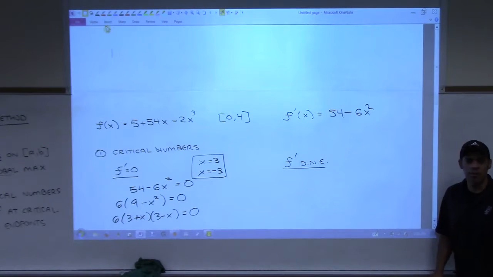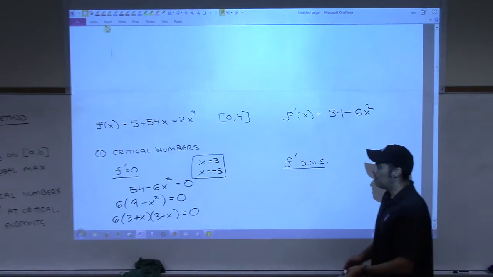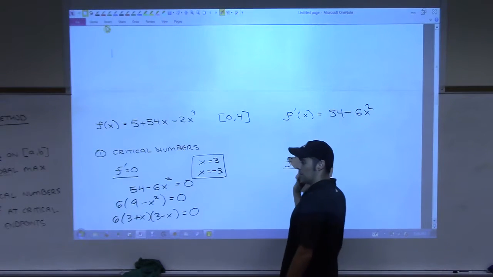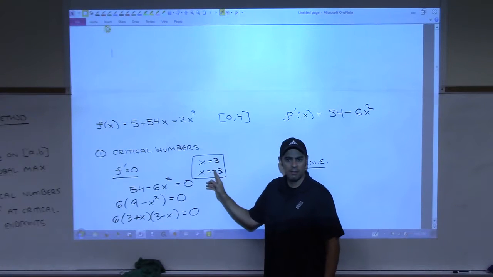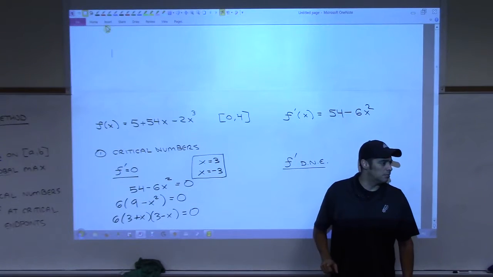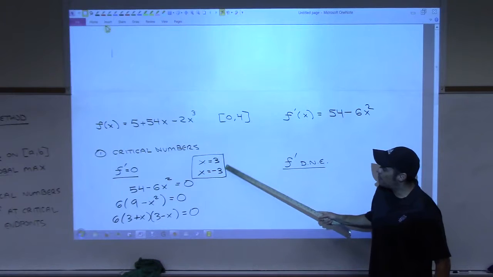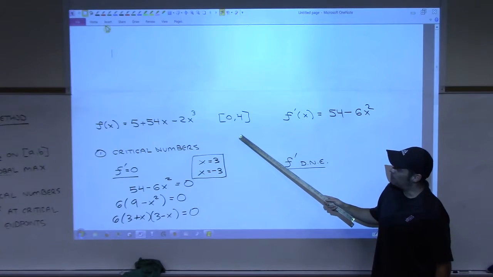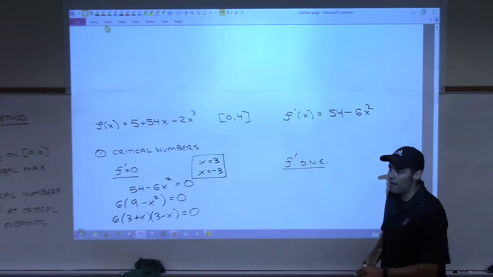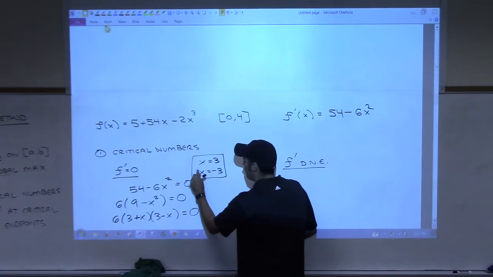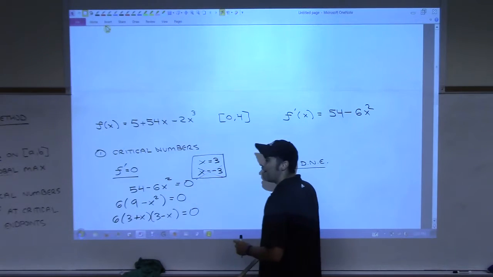Those are 2 critical numbers, so far. Now either now or later, it depends on you, you need to make sure that these critical numbers lie inside the interval. Do both of these lie inside this interval? No, not both of them. Negative 3 doesn't. So we throw it out, because it's not in the interval.